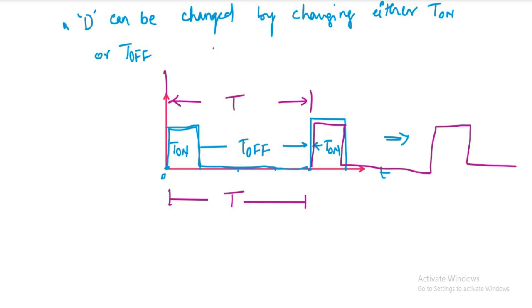Now we have T as the total time period, which is equal to the sum of T on and T off.